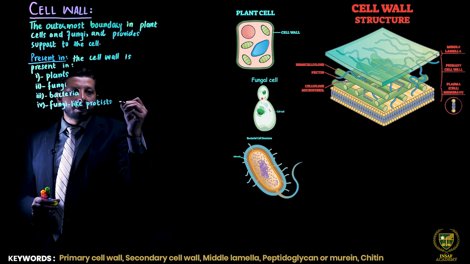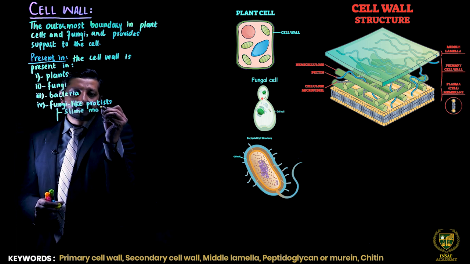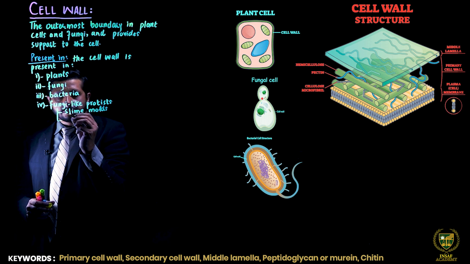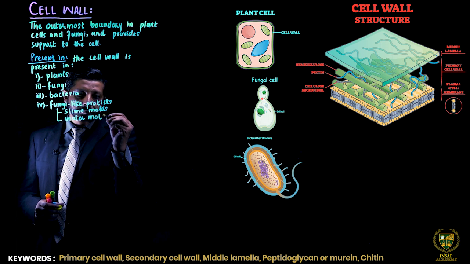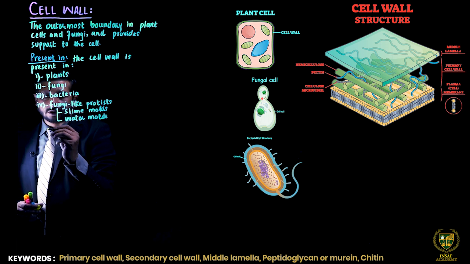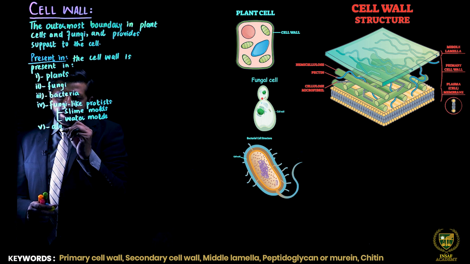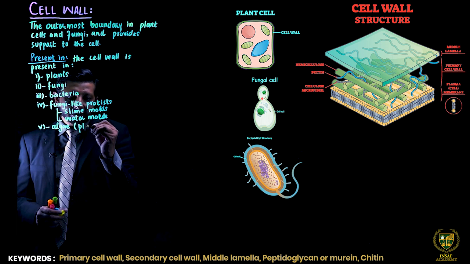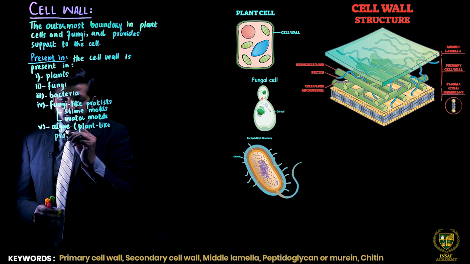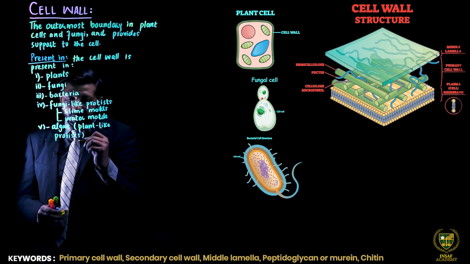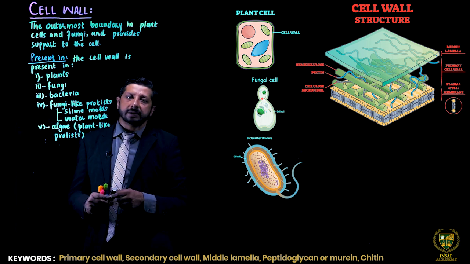It includes 2 further groups. Number 1, the slime molds. Number 2, the water molds. Number 5, it is also present in algae, which are plant-like protists. Clear? So all these organisms, they possess the cell wall.